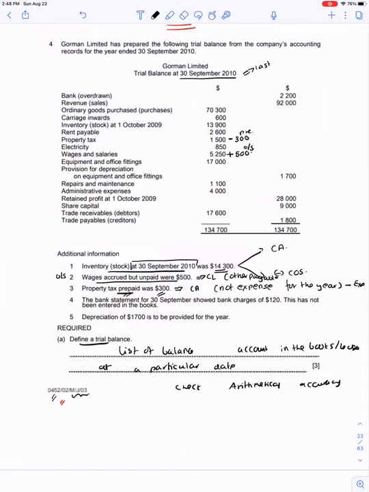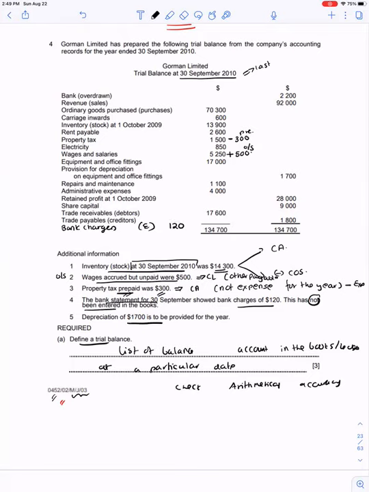The bank statement for 30th September showed bank charges of 120 and it is not entered in the books. Because it is not entered in the books, now you enter it. So bank charges would be one item that you add in over here and write as an expense, 120.